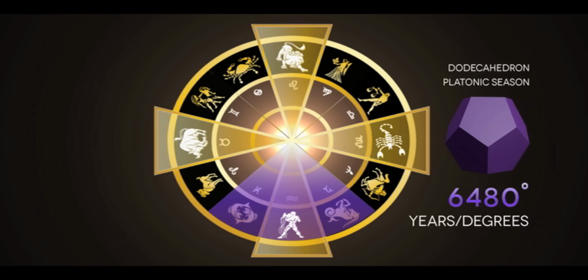So here we have this same number linking the measure of space in terms of the dodecahedron, 6,480 degrees, and the season of the great year, which was considered to be profoundly important to ancient cultures all over the world, who had various ways of representing this 4-fold division of cyclical time.